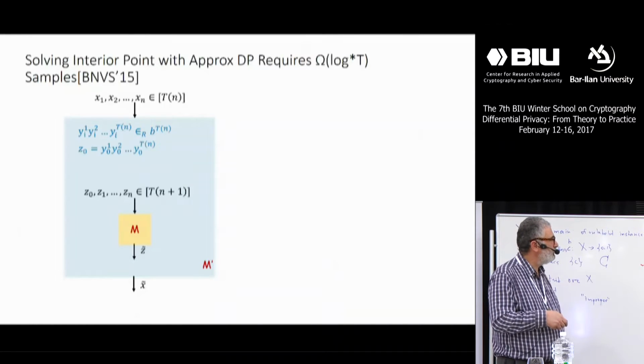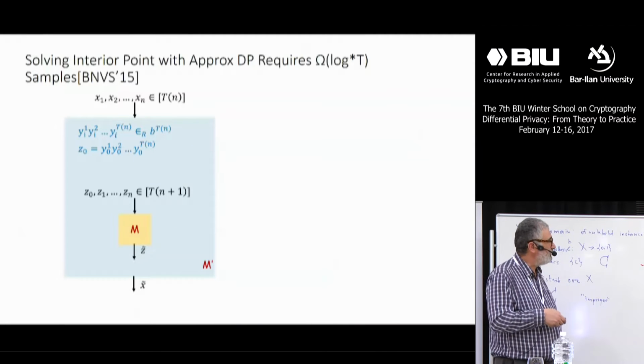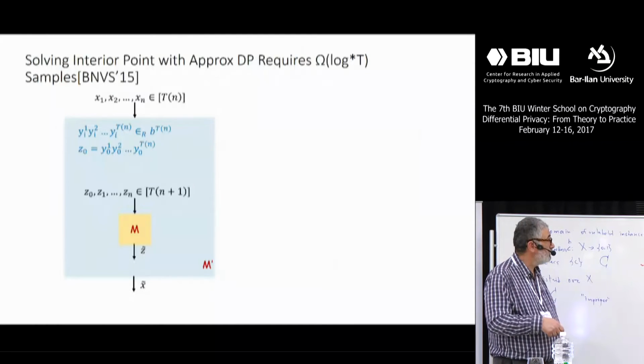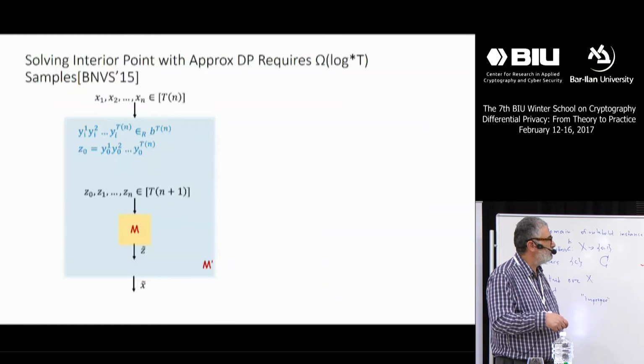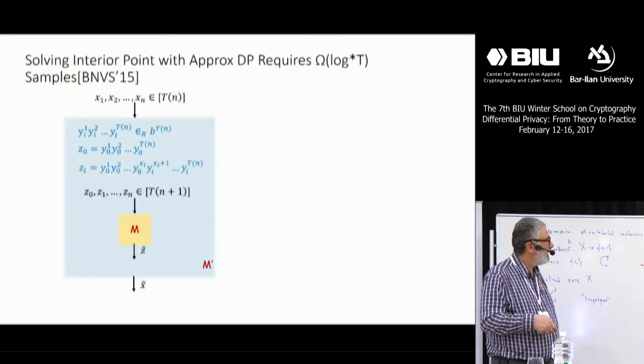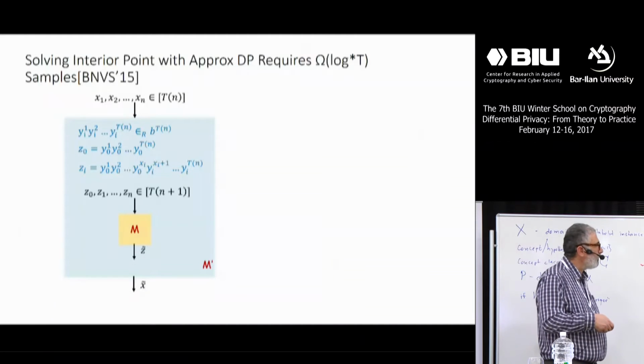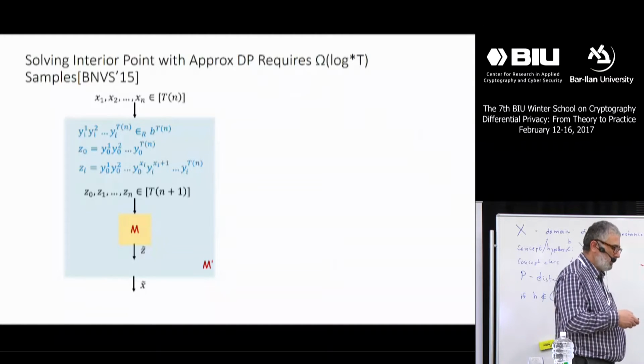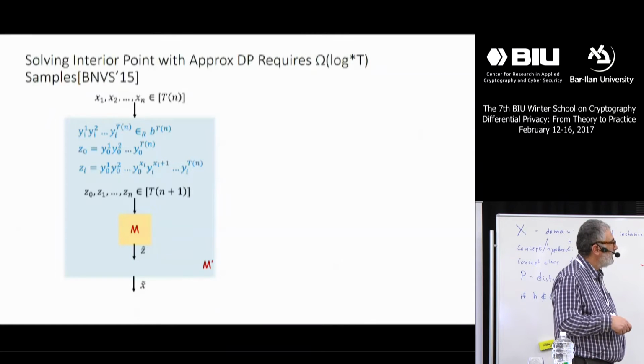Now, we will create the inputs. The first one is just this number, Z0, the random number that we created here. And then we will create Zi in the following way. Let's take Xi, let's say X1.